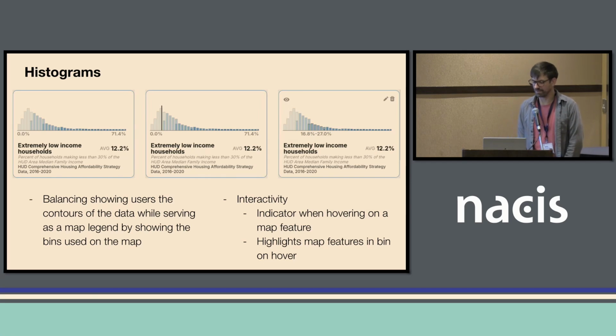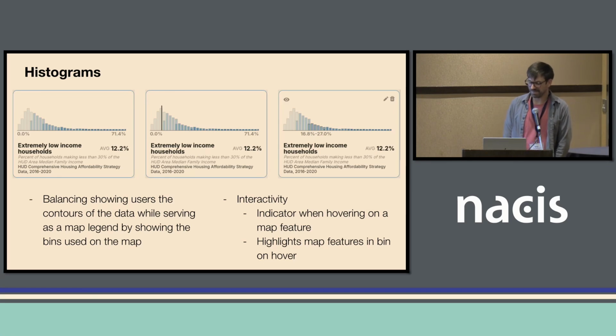And I wanted to talk through some of the supplementary visualizations that we use. They do quite a lot. They're nicely integrated with the map, I believe. So starting with the histograms for each variable, at the most basic level, you want the histogram to help users determine what the concentration of the data looks like.